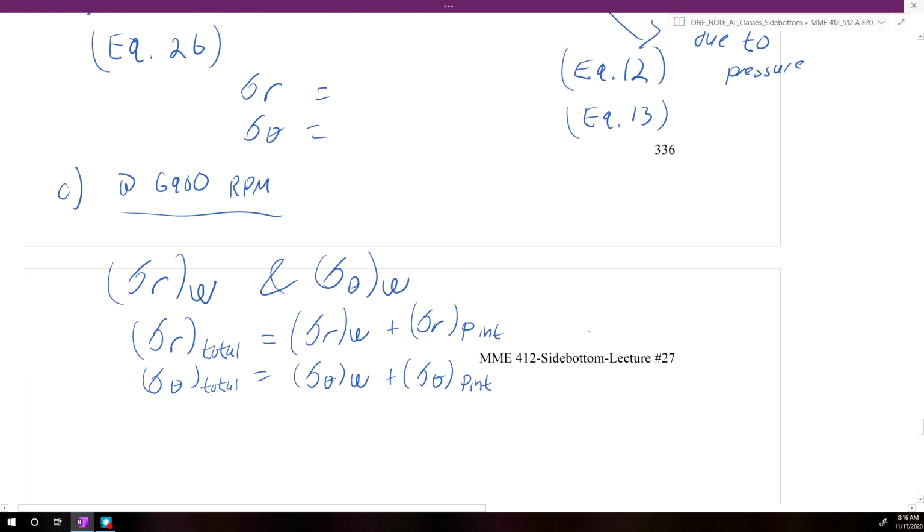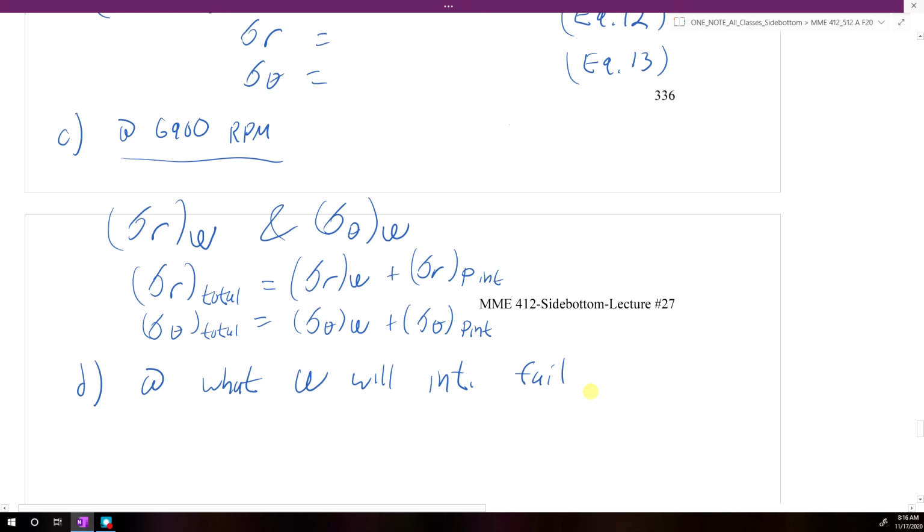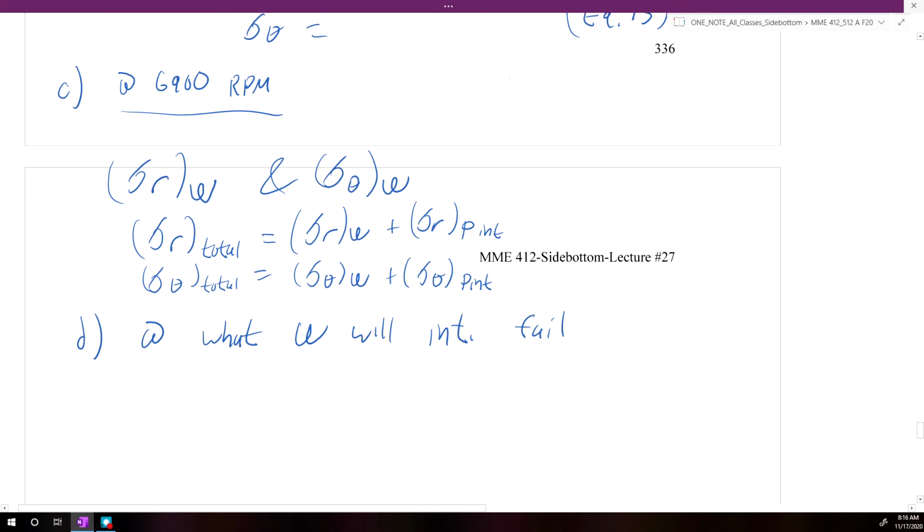All right. And then the last thing, part D asks us at what speed will the interference fail? So what we can do here is we can say that delta, our interference, is going to be equal to UR of our disk minus UR of our shaft.